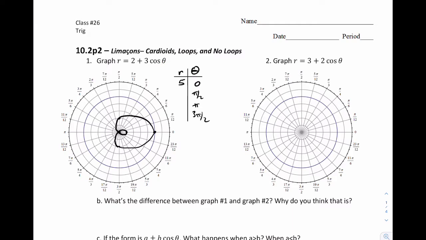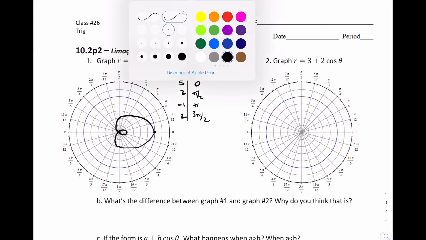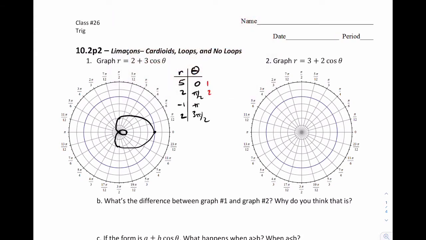At pi over 2, right here, we are 2 units away. Pi is tricky. This is going the opposite direction. Plug in pi, you get negative 1. And then plug in 3 pi over 2 here, so that distance is 2. So let's label that 1, 2, 3, 4.